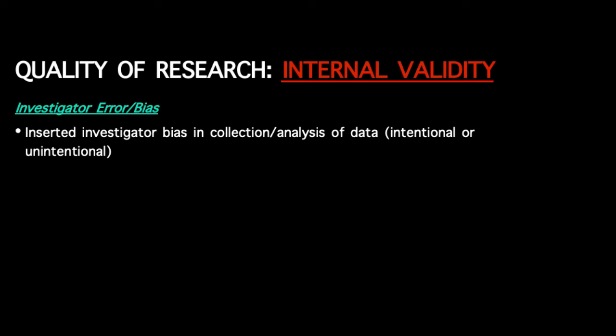Pressing start and stop is a very subjective measurement, meaning that when I press stop is based on how I view the end of a person's skill. Okay. Or I could say like, yeah, they kind of met the criteria, they kind of didn't, that type of thing. So those would be types of investigator error or bias.